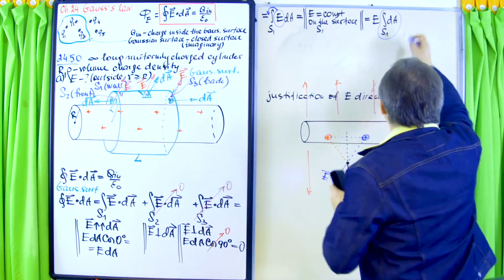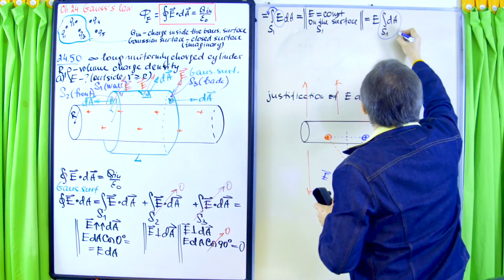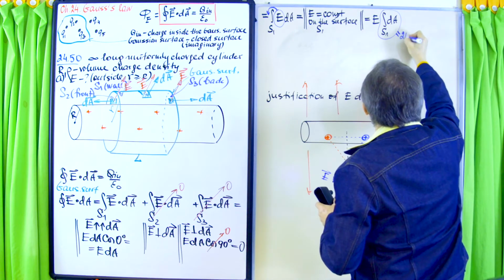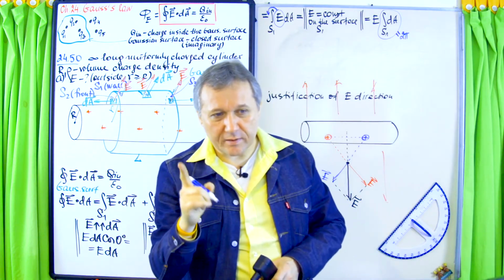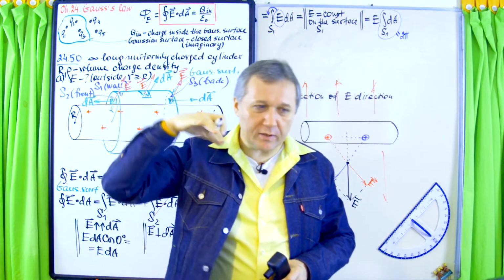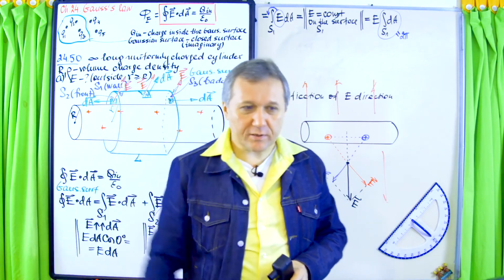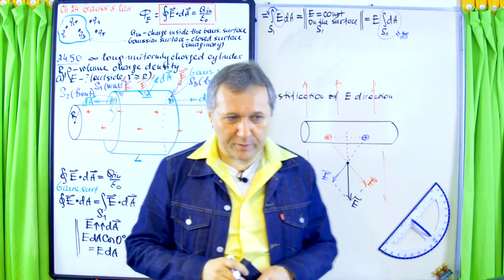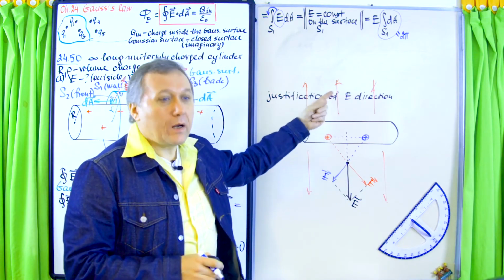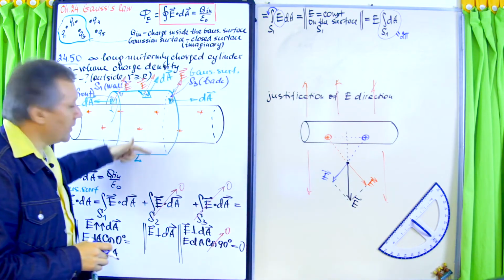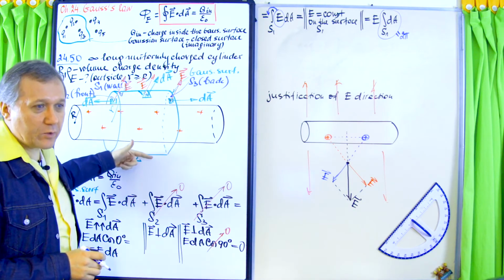So that's 2 pi, and here are lots of mistakes, because students kind of remember that there must be some r, and they pick just any r, and of course there's a 50% chance that it's wrong. It's r small, because we are on this Gaussian surface.